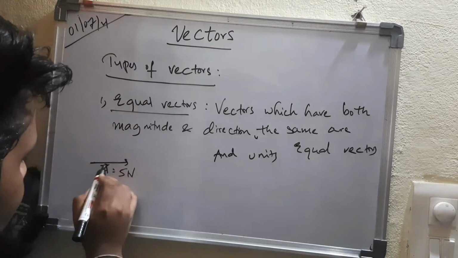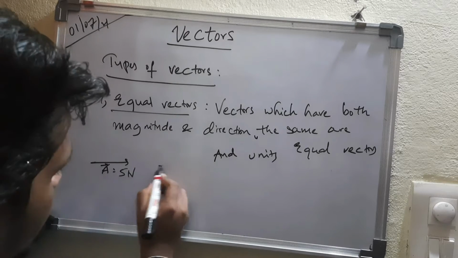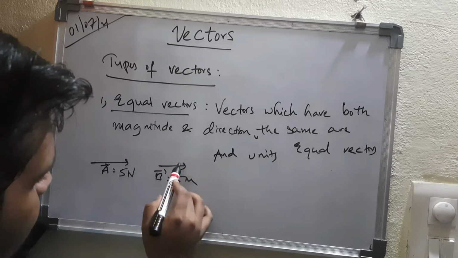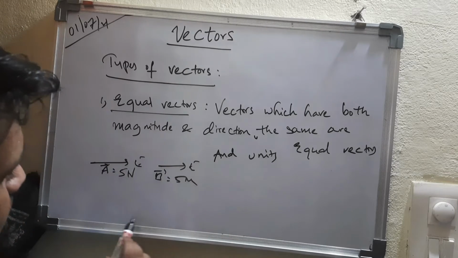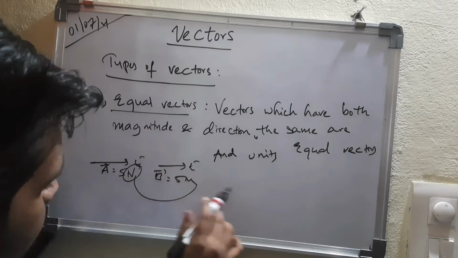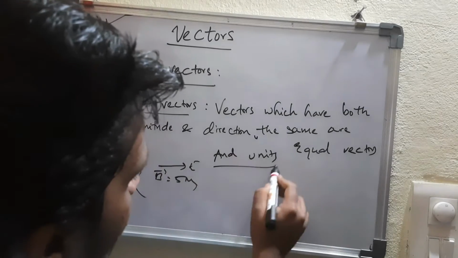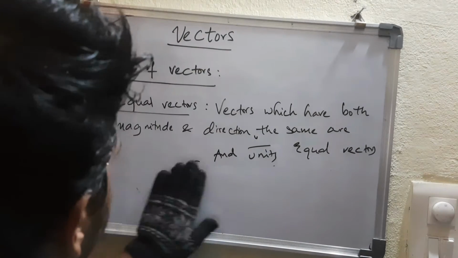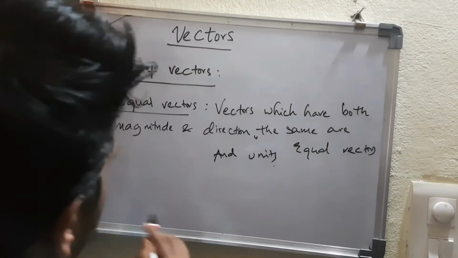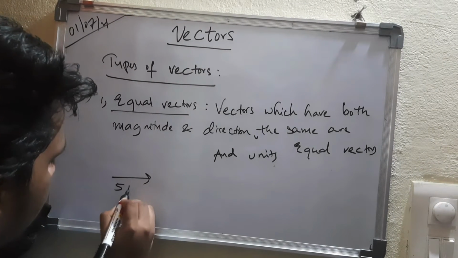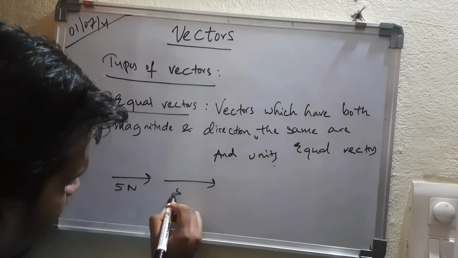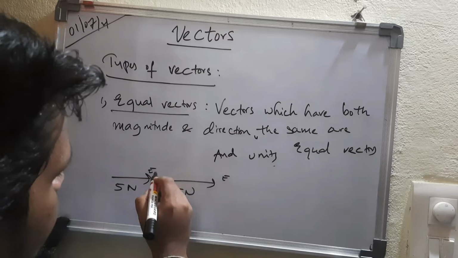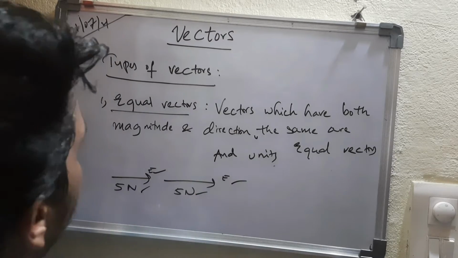Because if we take A equal to 5 Newton and B equals 5 meter, these are not equal vectors, though having the same direction and same magnitude, because the units are different, Newton and meter. So I forgot this point, and units. So 5 Newton, and even this 5 Newton towards east. Okay, same direction, same magnitude, equal vectors.